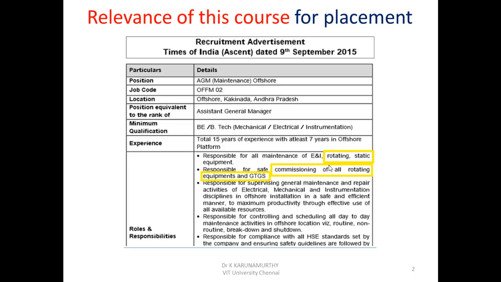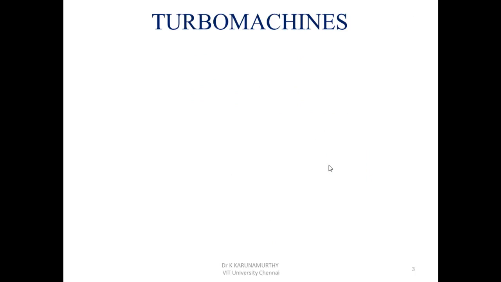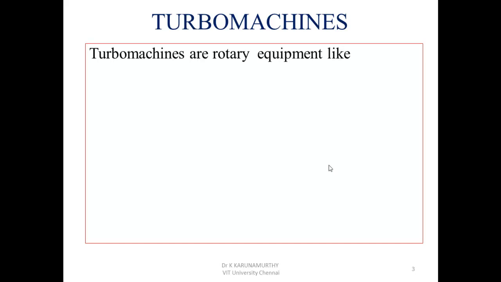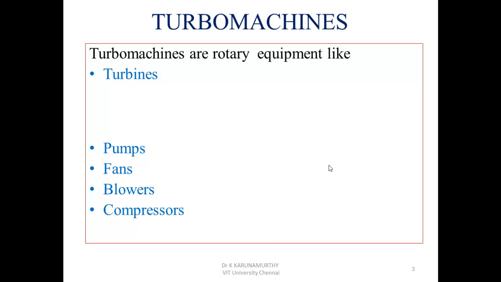In many process plants, we have these rotary equipments. This course is about those rotary equipments, which we call turbomachines. So turbomachines can be defined like this. Turbomachines are rotary equipments, and examples are turbines, pumps, and other equipments like fans, blowers, and compressors.